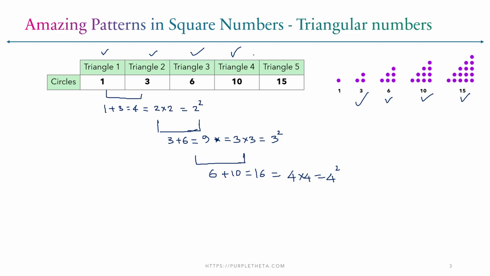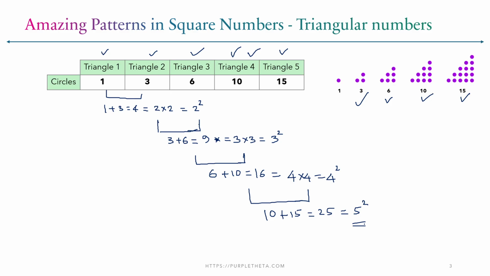Same way, when we add the number of circles in triangle 4 and triangle 5, that is 10 plus 15, it is 25, and 25 is 5 to the power 2 or 5 square, right? So when we add the number of circles in two consecutive triangles, we get a perfect square.